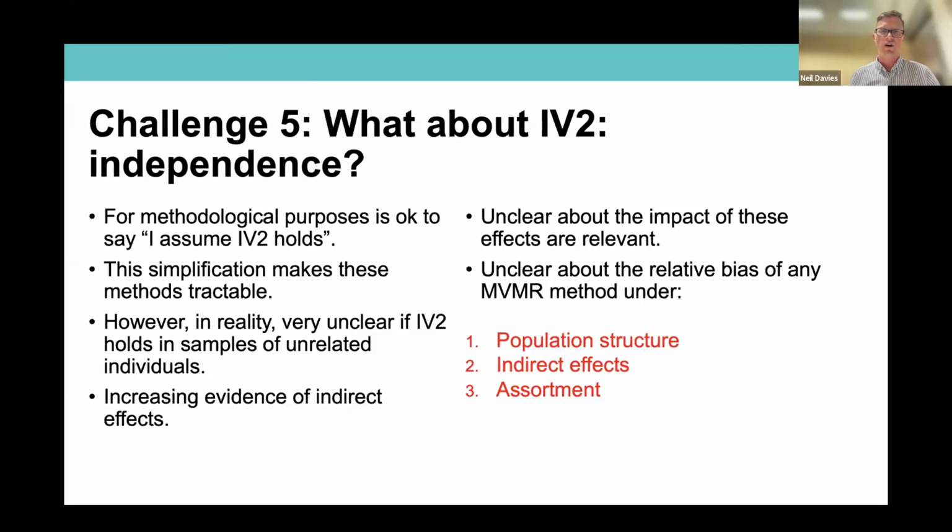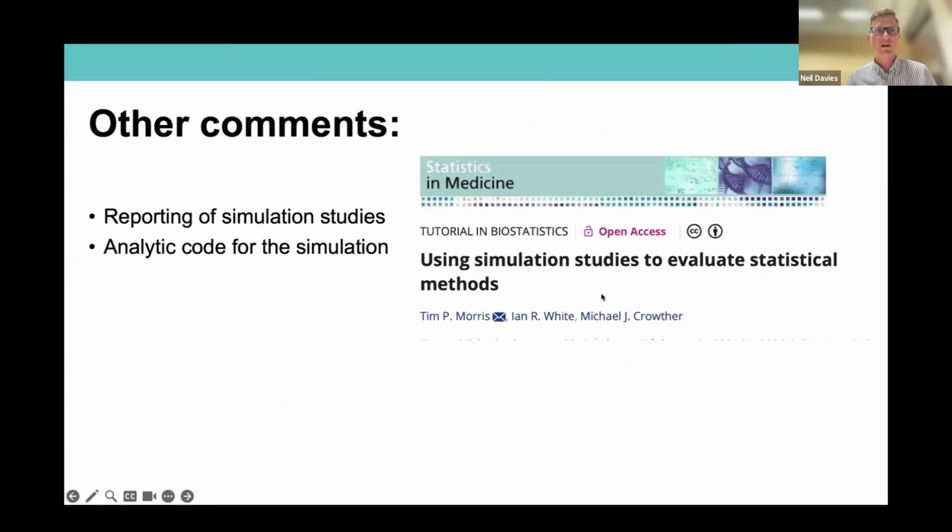What's the implication of some of the sources of bias that we have discussed in the literature for approaches like MVMR? So population structure, indirect effects, and assortment are the three that we've thought about most. But I'd be very interested in your take on that.